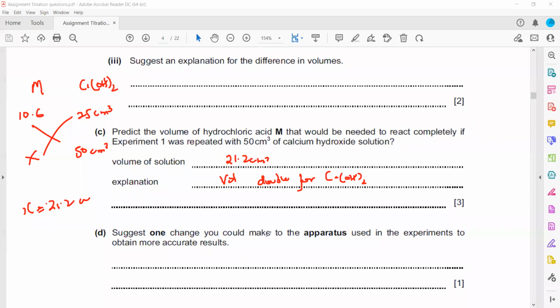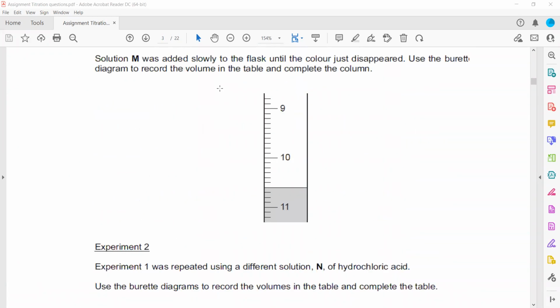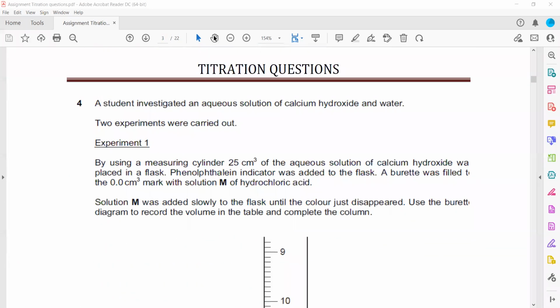Suggest one change you would make to the apparatus to get more accurate results. So how to get more accurate? This answer is actually given in the question. As you can see, they add calcium hydroxide using a measuring cylinder. So which is more accurate?